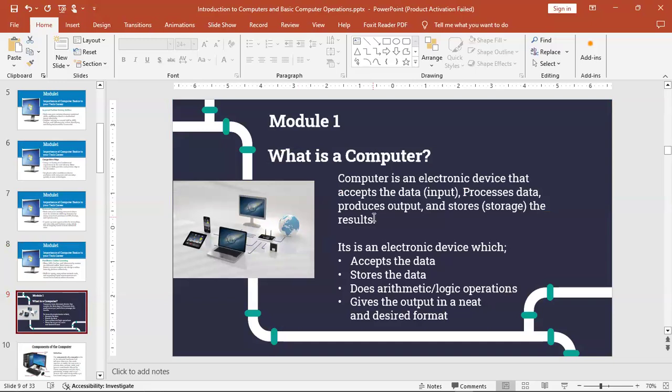That's the basic definition of a computer. So any electronic device that can accept data, in bracket input, processes the data, produces the result, and stores the result, that is a computer.